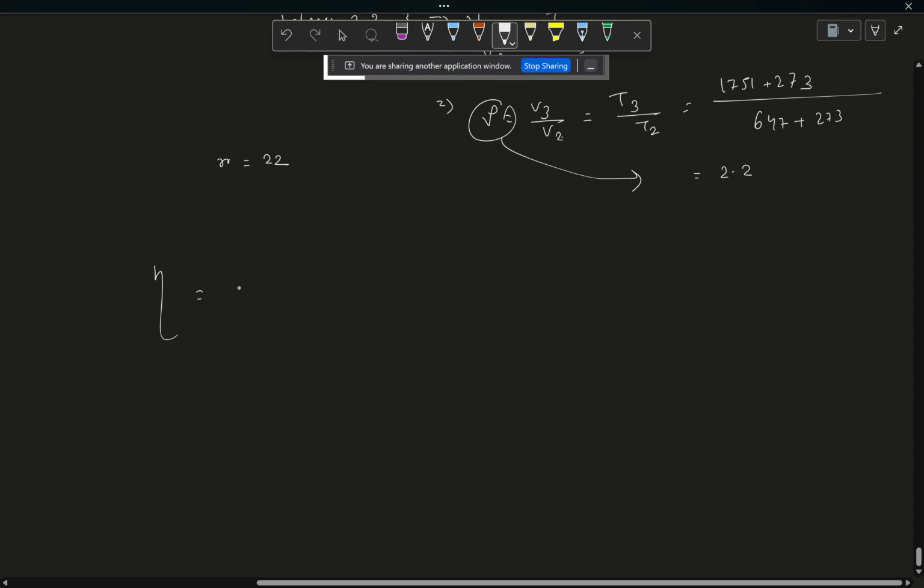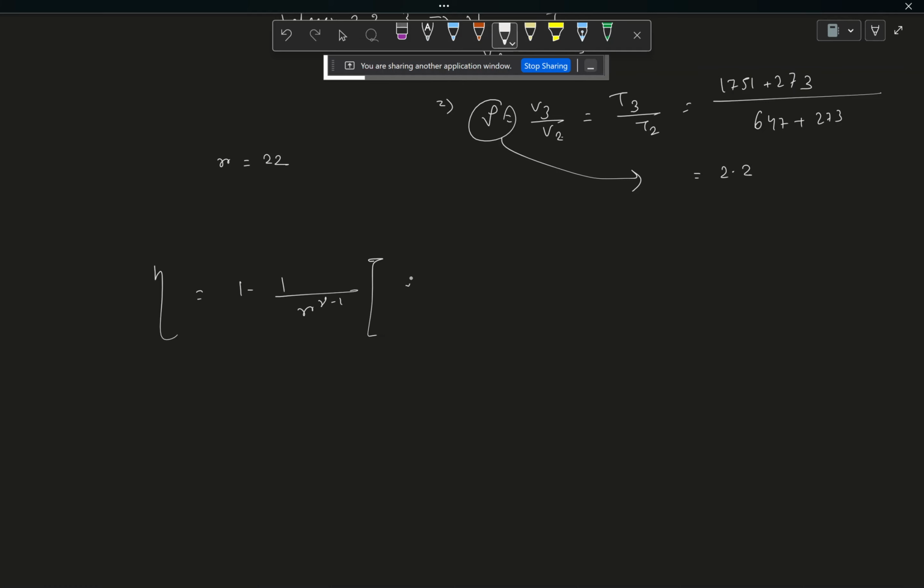So the direct efficiency formula is there, the same formula: 1 minus 1 by r to the power gamma minus 1, into rho to the power gamma minus 1 divided by gamma into rho minus 1.